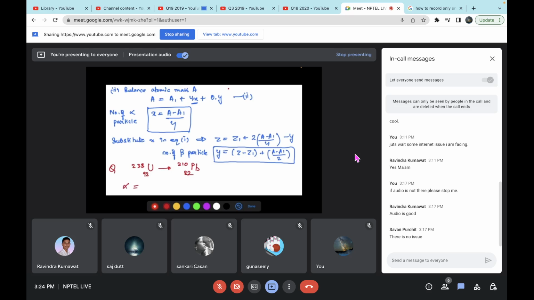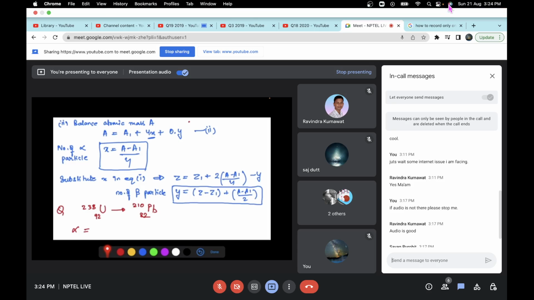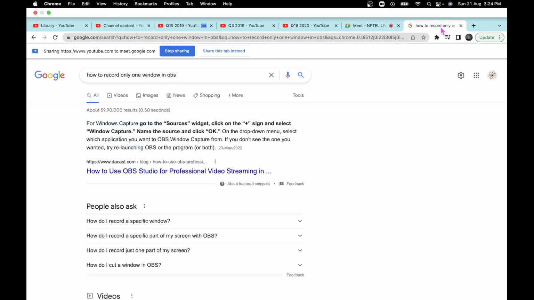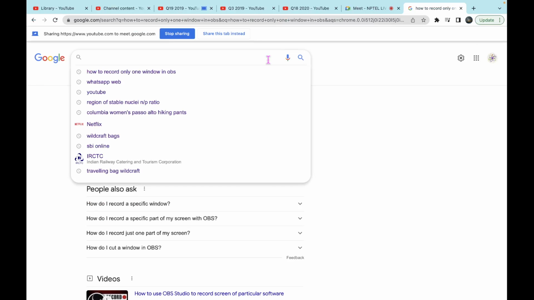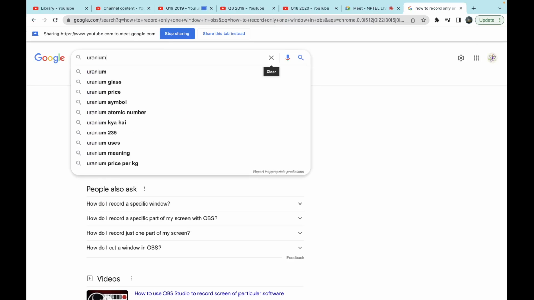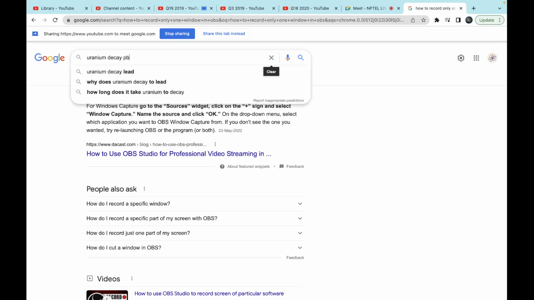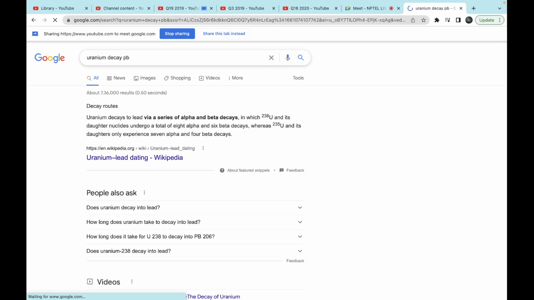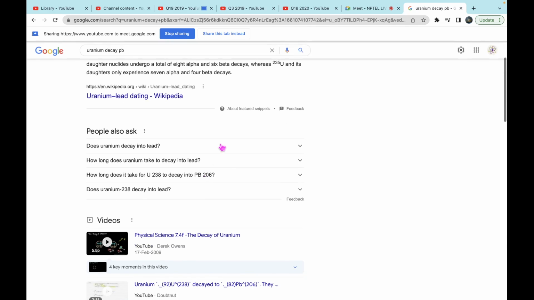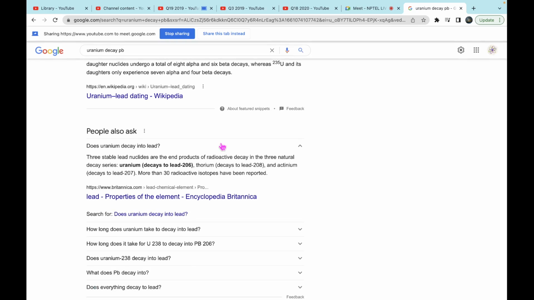To find it is very simple. You just subtract the two mass numbers to get the difference in atomic mass. So this will be 238 minus 210 divided by 4, which is 28 by 4, giving 7. So there are 7 alpha particles.